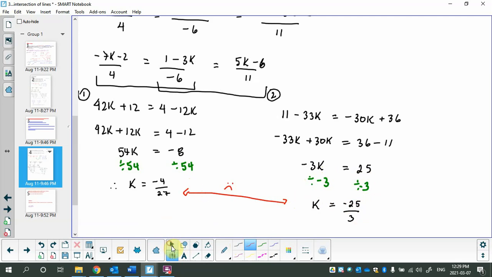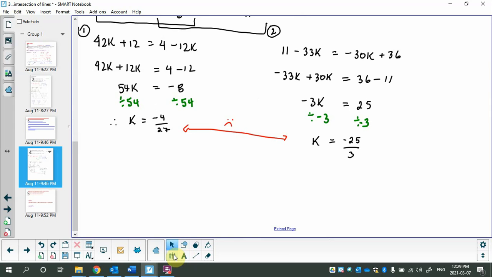That means therefore these lines do not meet.